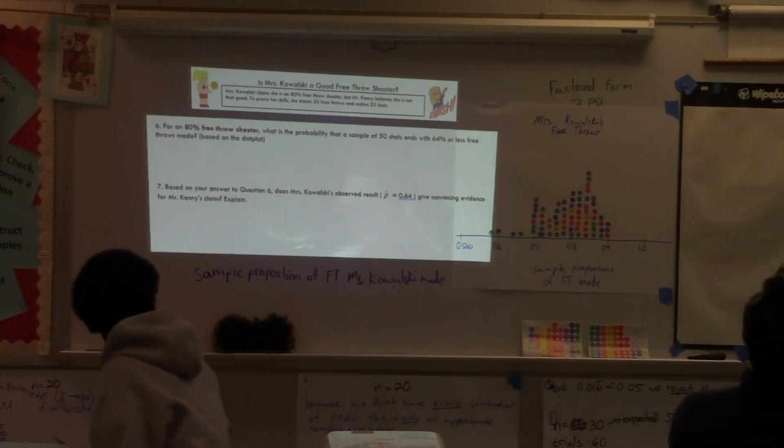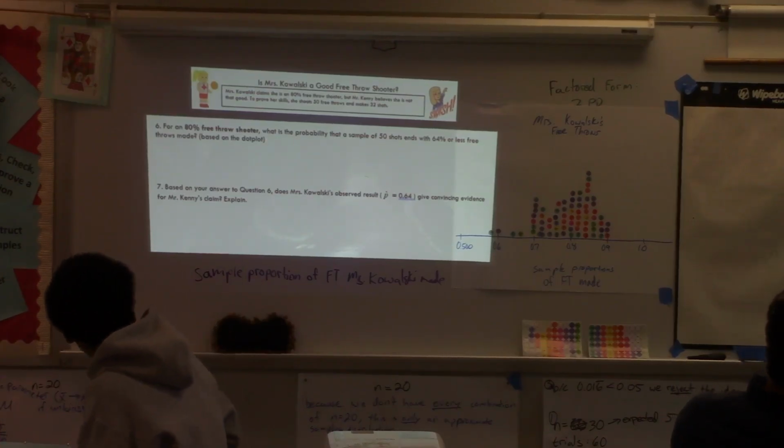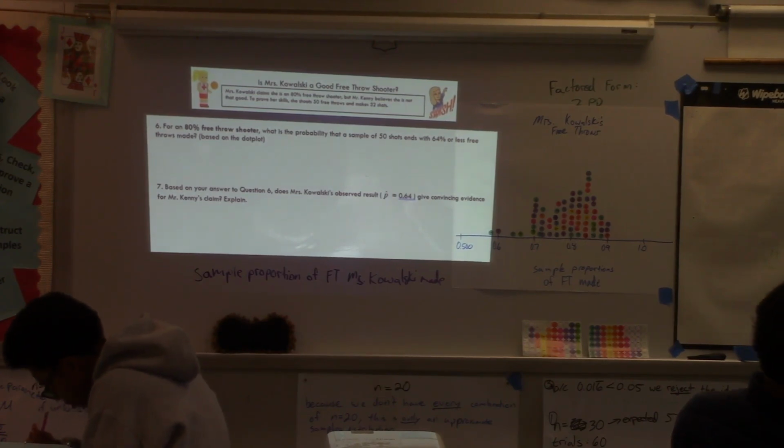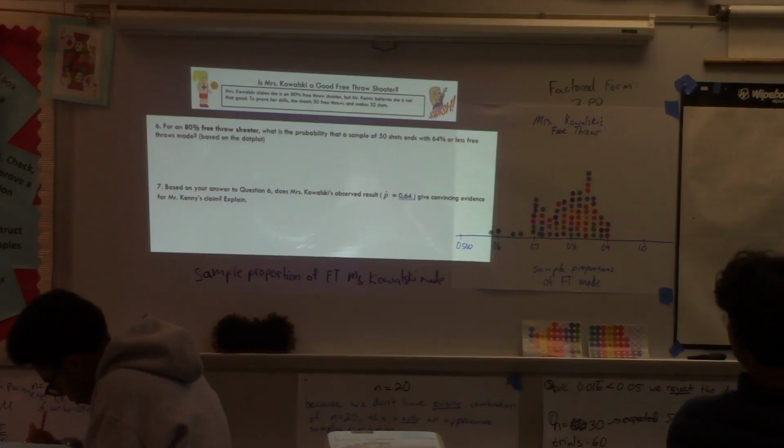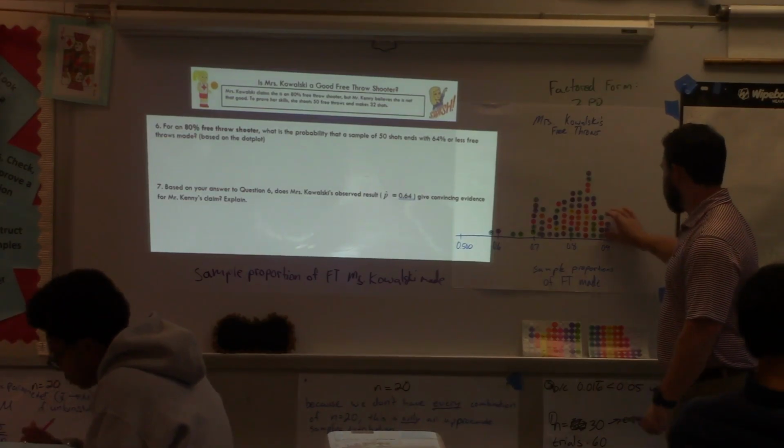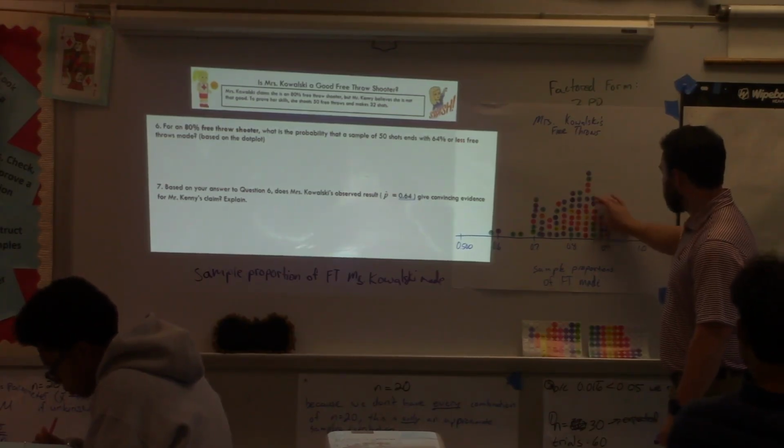For an 80% free throw shooter, what is the probability that a sample of 50 shots ends with 64% or less free throws made? So actually I need a 7, 10, 14, 20.